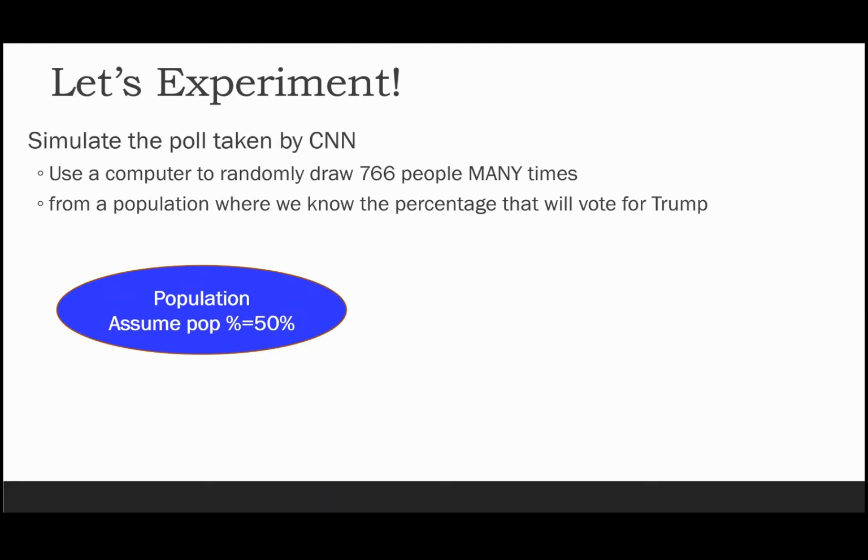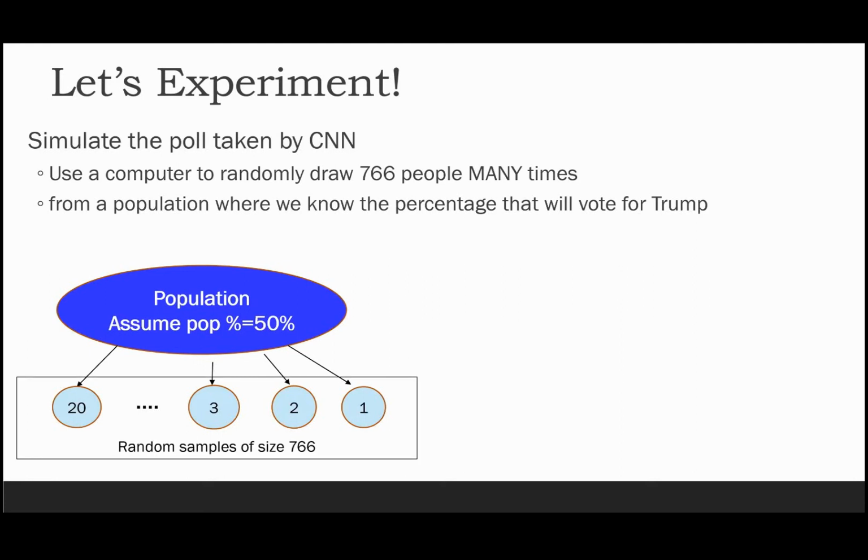What we were doing in the lecture material was setting up a hypothetical situation where we said, okay, assume the percentage of people who would vote for Trump in the entire population is 50%. And let's keep taking samples of size 766 over and over and over again. We're not actually interested in the samples.